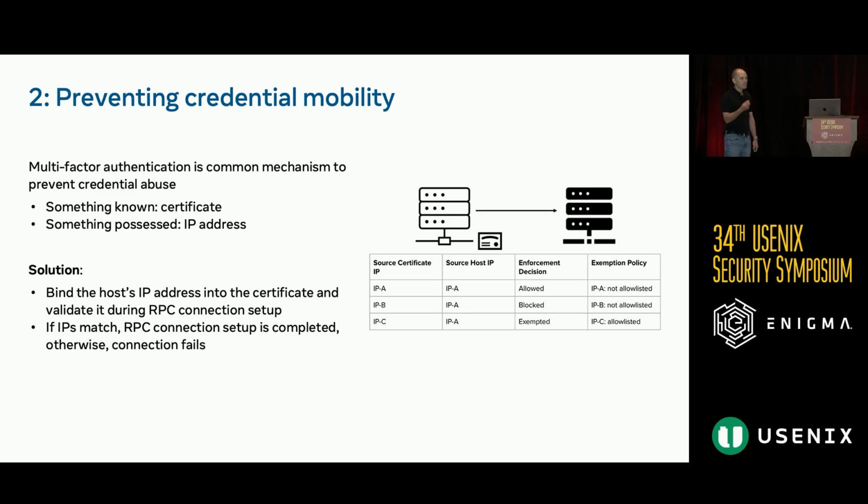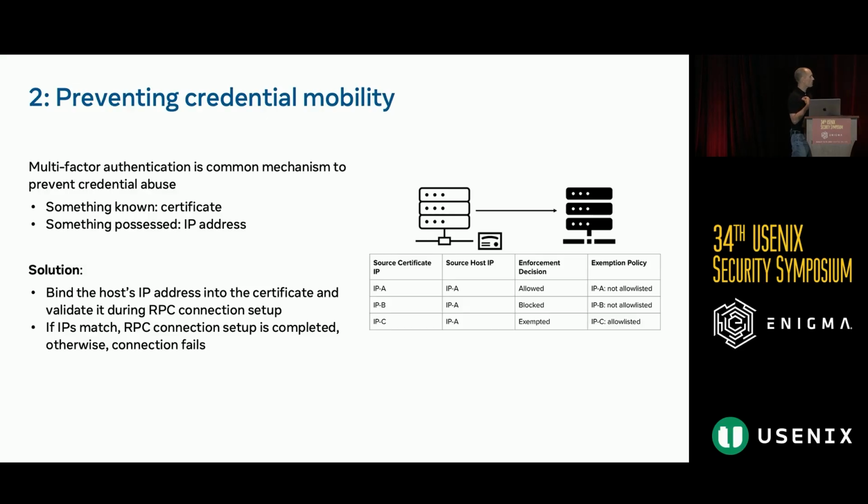And one way to protect that sort of credential system from being abused is by introducing multi-factor authentication. Multi-factor authentication takes something like the username and password, and ties it with something that you possess, like a phone or an authenticator app. In order to complete that authentication, you must have both in order to access the data.